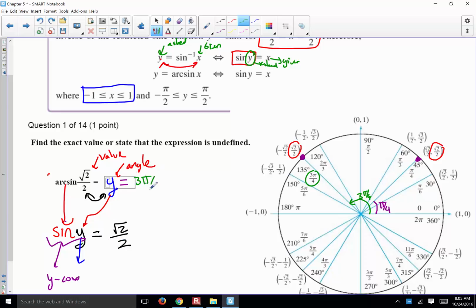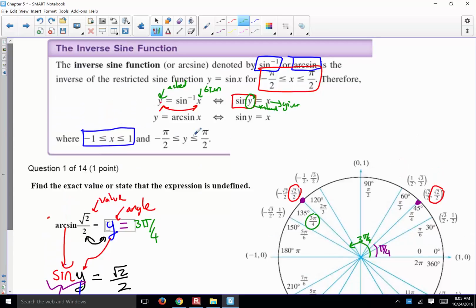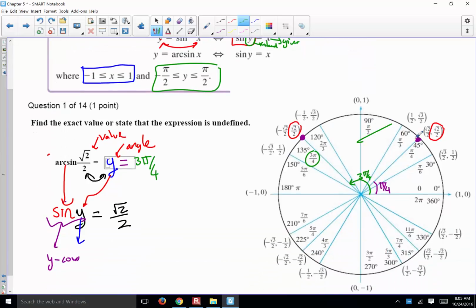3 pi over 4? Why? What is wrong with 3 pi over 4? Sine is root 2 over 2. It's over 90. Again, arcsine values are only limited to minus 90, pi over 2, to positive pi over 2, positive 90. So you can only pick the values from this side of the wheel for arcsine computations.